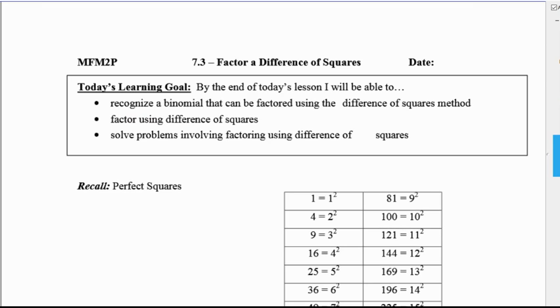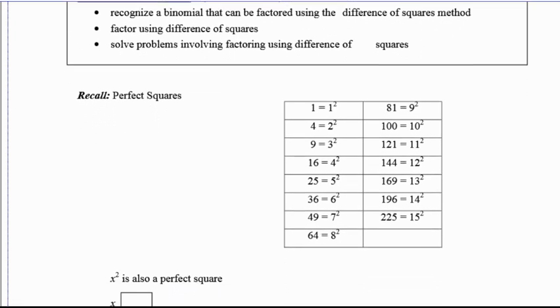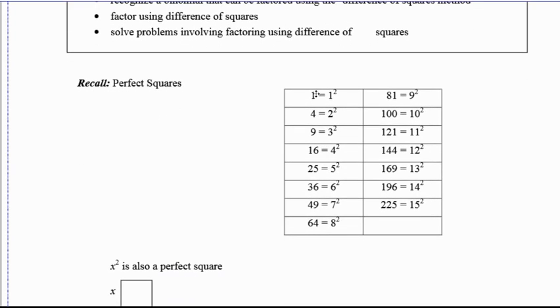So the lesson is, well, again, what are these perfect squares? So the 1 is 1 times 1, 4 is 2 times 2, 9 is 3 times 3, and so on and so forth, up to even 15 times 15 is 225. So this chart will come in handy. We probably don't need that times table after all.